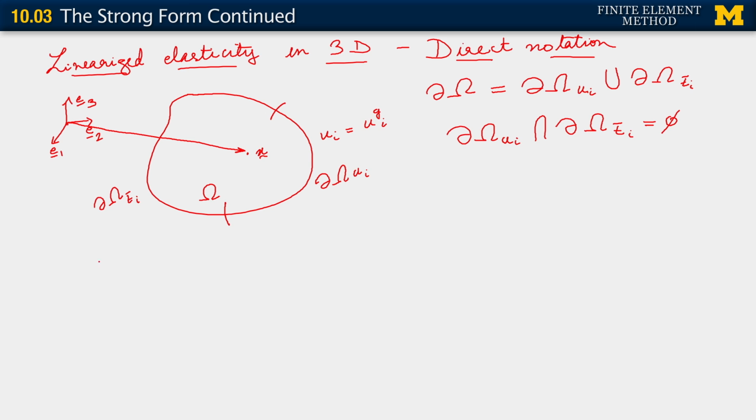Given all this, here's what we want to do. Given u g sub I, t bar sub I, the vector f, now I'm using direct notation for the vector f, and the constitutive relation sigma equals C contracted with epsilon.